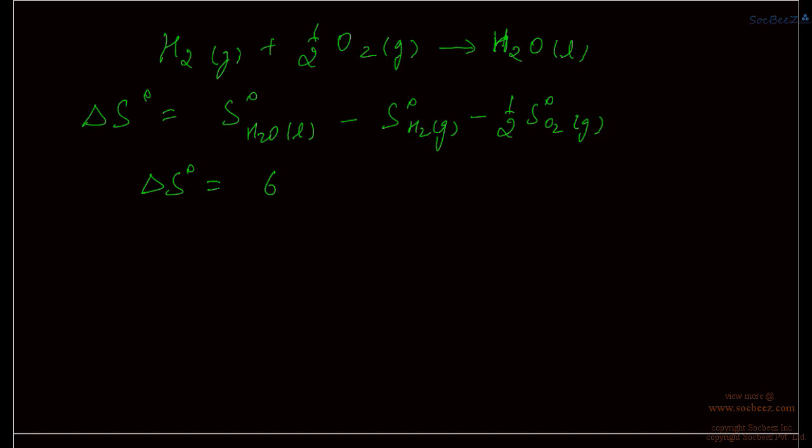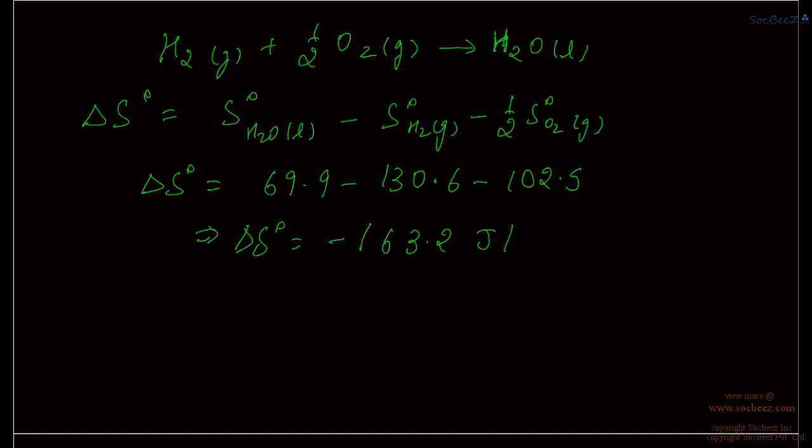So the value of delta S comes out to be 69.9 minus 130.6 minus 102.5, because S naught of H2 is 130.6, of water is 69.9, and S naught of O2 is 205, which on dividing by 2 comes out to be 102.5. So from here, the value of delta S naught is minus 163.2 joule per Kelvin.